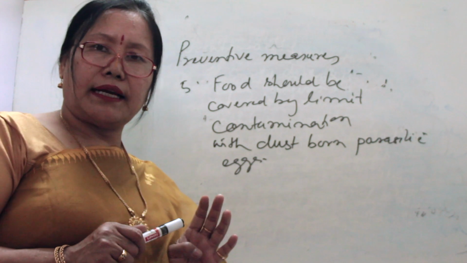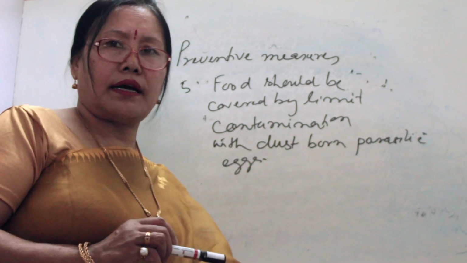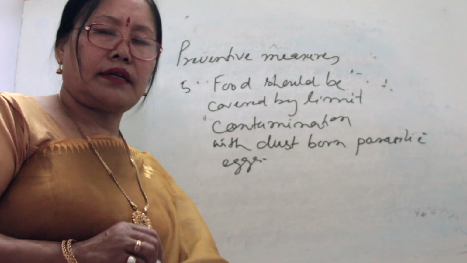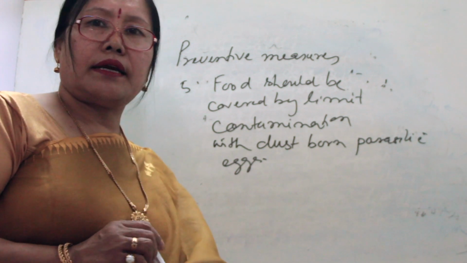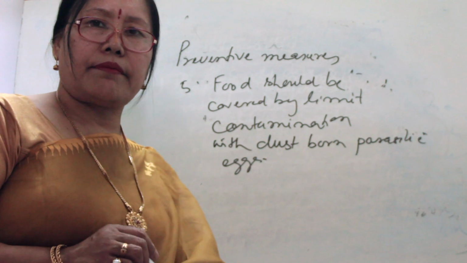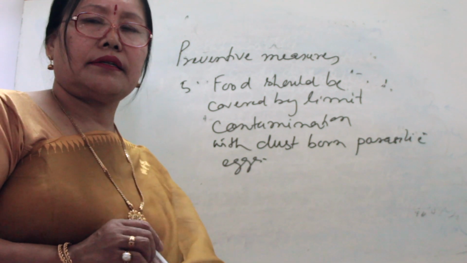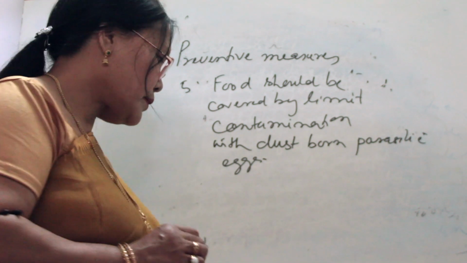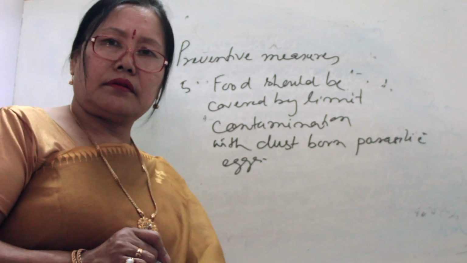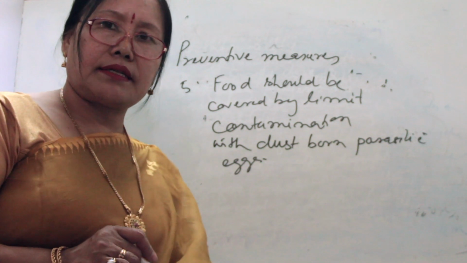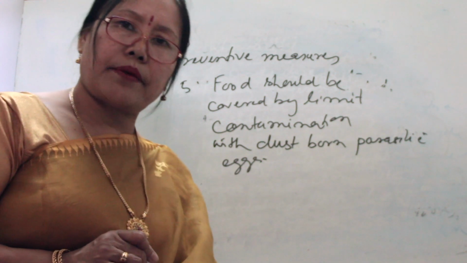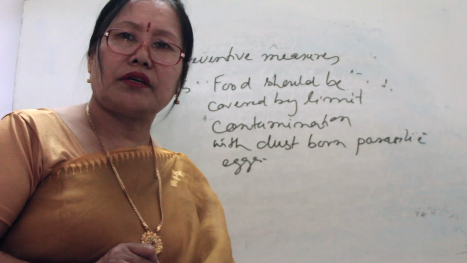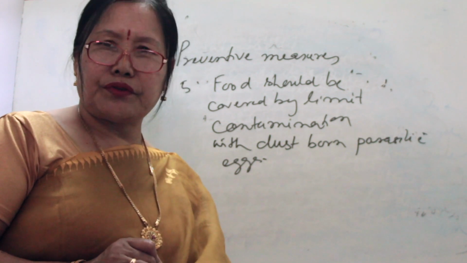So, for today's class, we discussed the structure, life cycle, epidemiology, the disease caused by this nematode parasite, and the preventive measures and treatment. This is all about this nematode parasite, pinworm, commonly known as Enterobius vermicularis. So that's all for today's class.